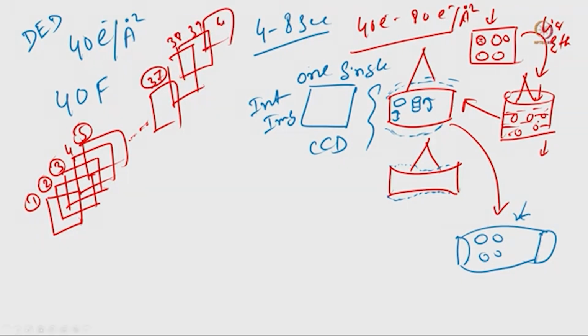So I have a total of 40 frames here. If we divide 40 electrons by 40 frames, per frame we are considering 1 electron.